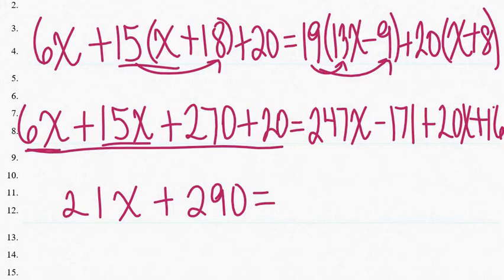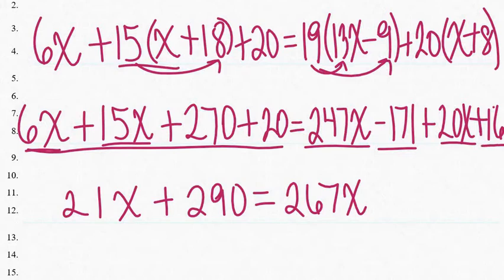Let's collect up our like terms. 247 plus 20 is going to be 267x. We have minus 171 plus the 160, so that's a difference of 11.